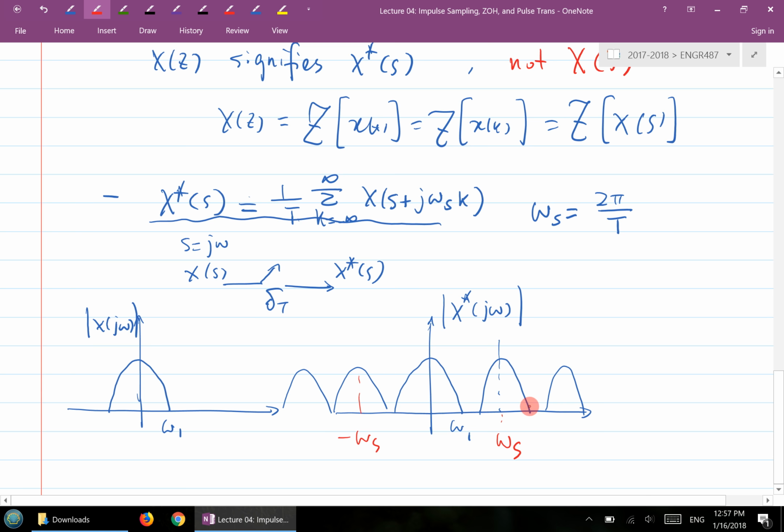That makes sense? So imagine this. The way I sketch it right now, I don't have any overlap between the two adjacent bumps. But if your omega_s is not big enough, if it is small, your next bump may be here. So you have an overlap between the first bump and the second bump here.